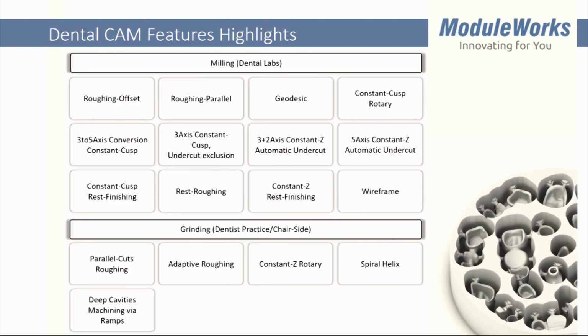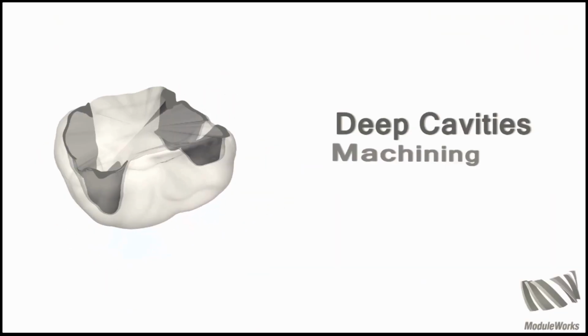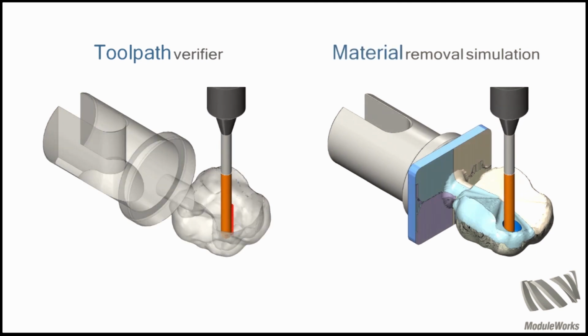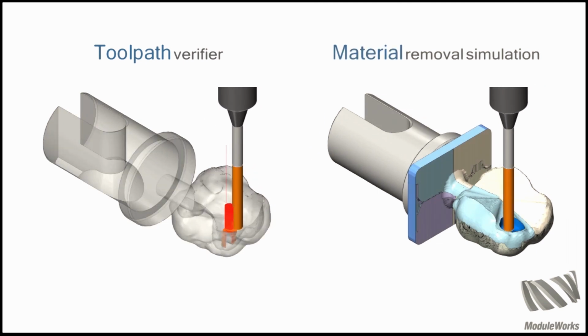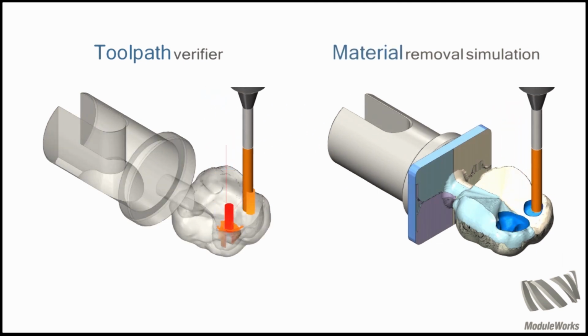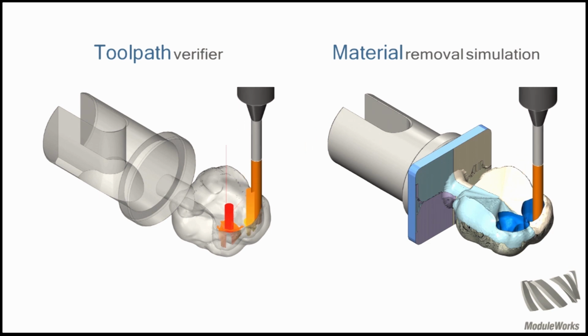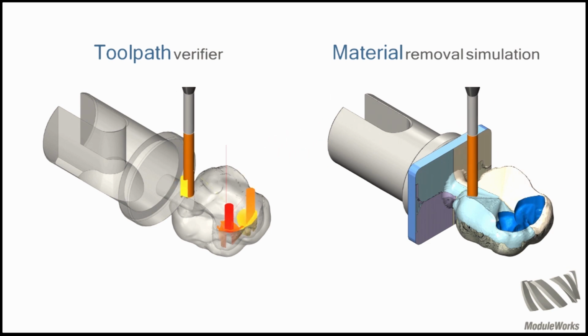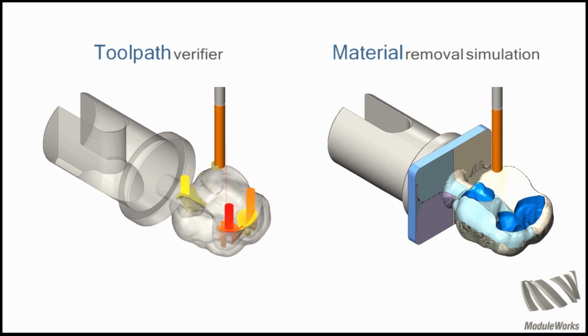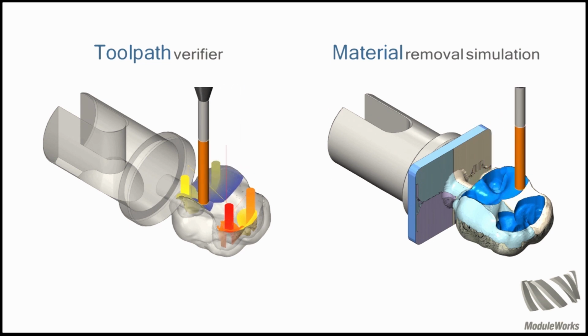Deep cavities machining via ramps. So here we have a crown which has 4 deep cavities, and we generate these spiral ramps into each of these deep areas, and will converge these areas together at the end, such that we always make sure we have a machining from bottom to top.